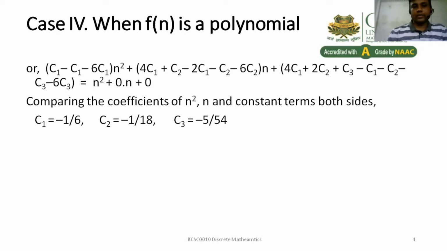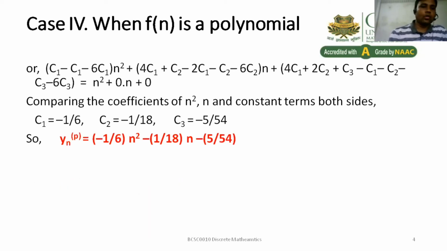Now we can put these values of c1, c2 and c3 in the given particular solution, and then this can be written as minus 1/6 n^2 minus 1/18 n minus 5/54. So this will be the particular solution of this given recurrence relation.